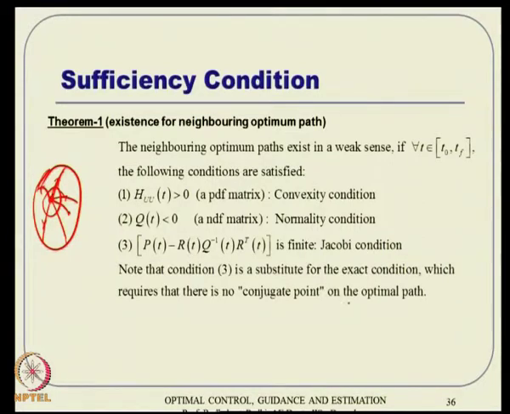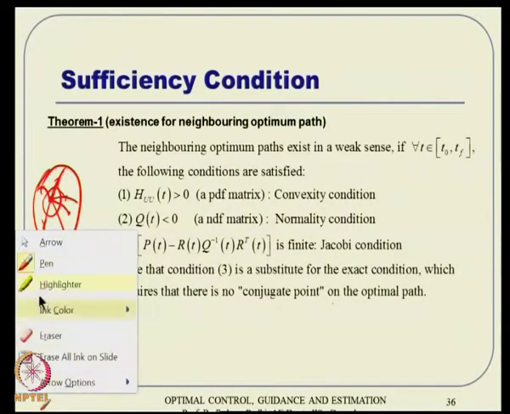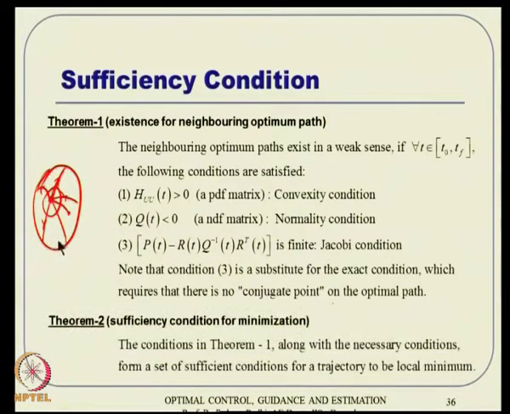Alright, so that is what it is, and theorem 2 tells us a very simple extension of that, which tells us that the sufficiency condition is nothing but the conditions of theorem 1 along with the necessary conditions, because sufficiency conditions do not mean too much without necessary conditions.